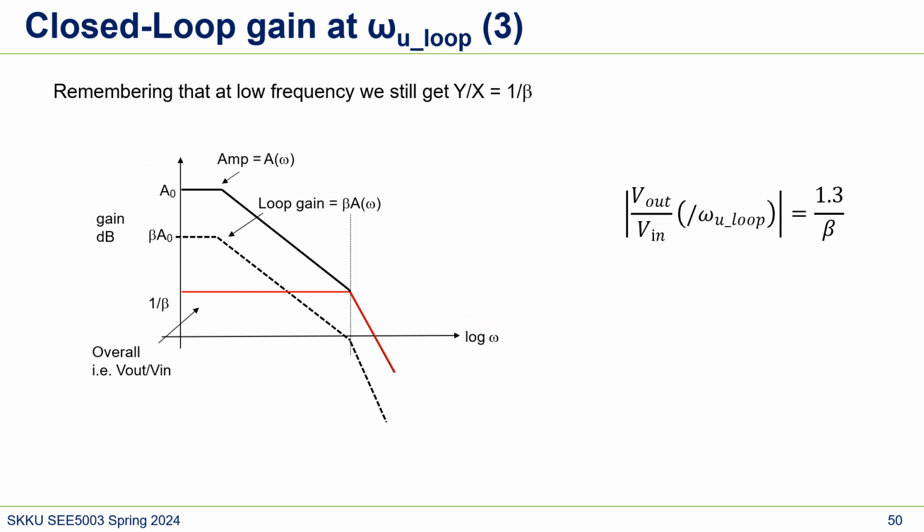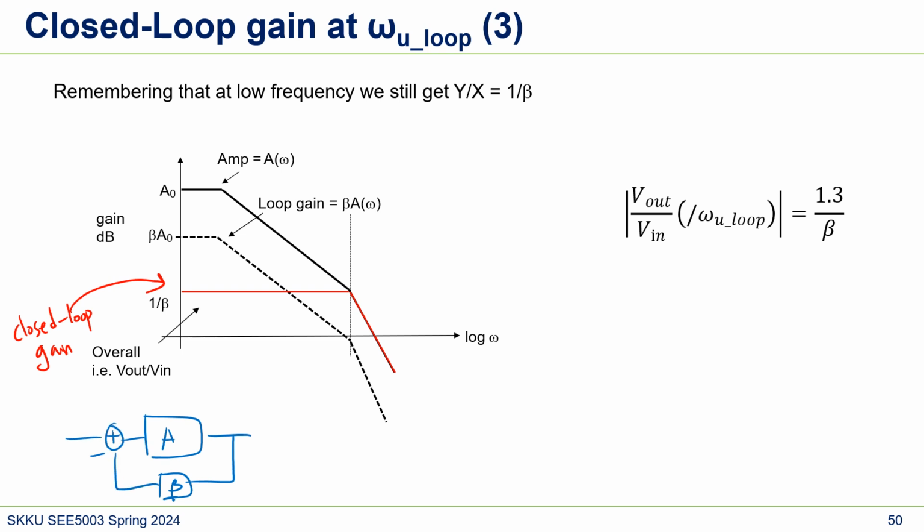So far what we've done was to find this value, shown in this dotted plot. Let me say in red, this line is the closed loop gain, meaning A, beta, V in, V out, and the closed loop gain is V out over V in, and so on.